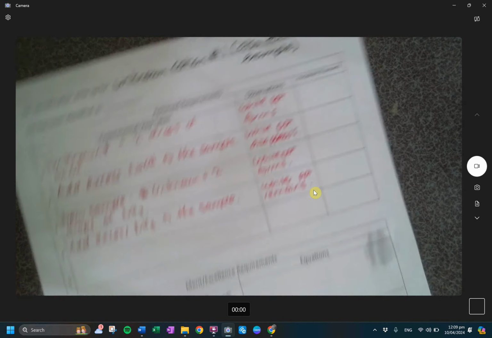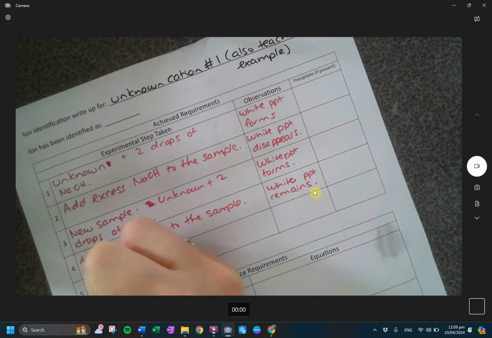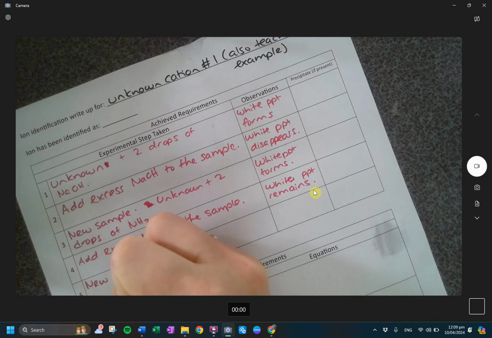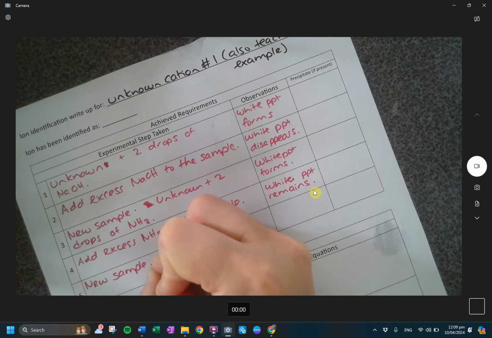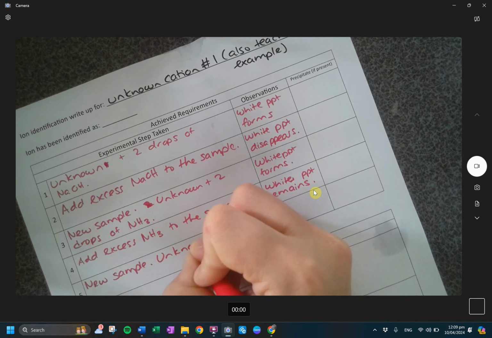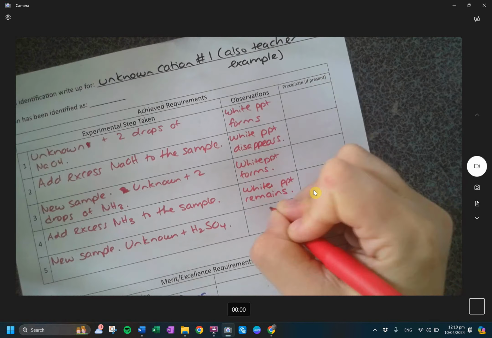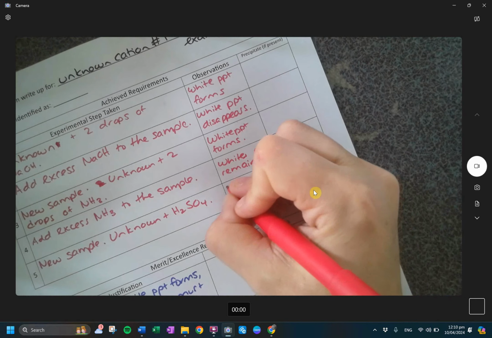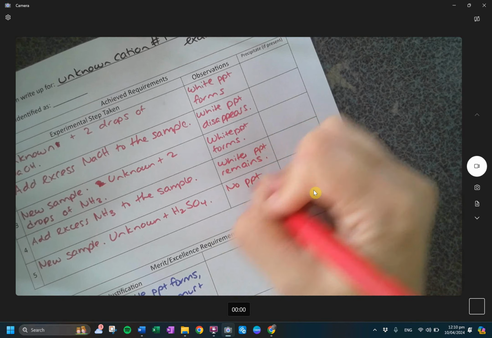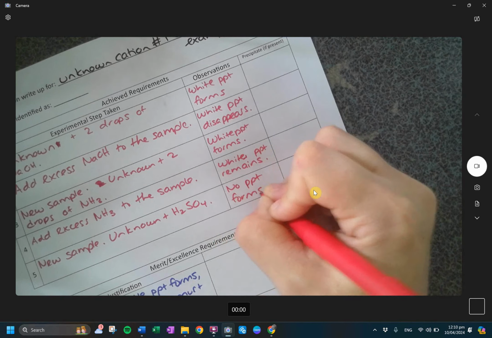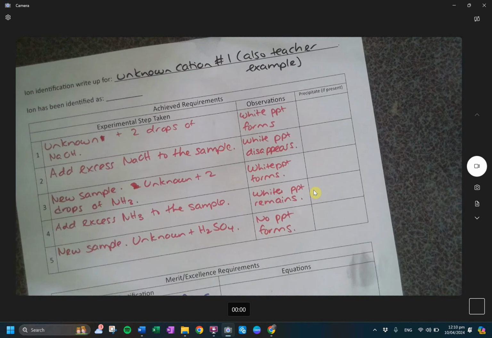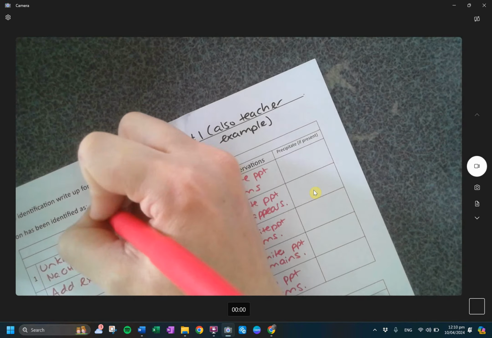All right, so we did a new sample. We did unknown plus sulfuric acid, and we saw no precipitation. So based off of that information on the flow chart, I have aluminium.